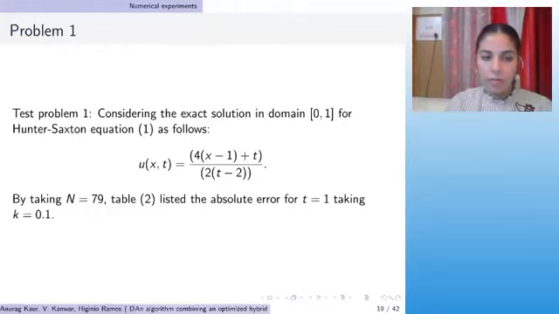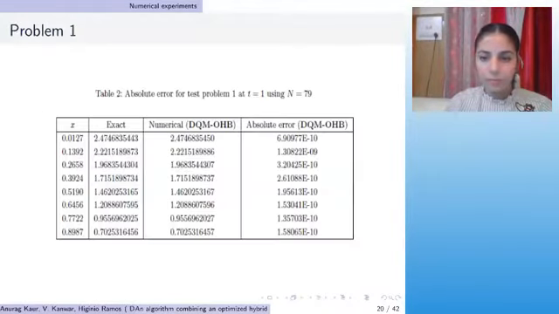By taking n equals 79, table 2 tabulates the absolute error for t equals 1, where we have taken just 10 time steps. As the step size is 0.1, we have taken 10 time steps to obtain these results, which are significantly accurate.